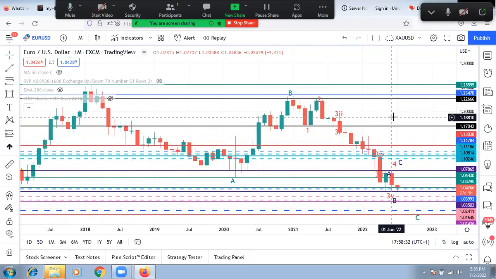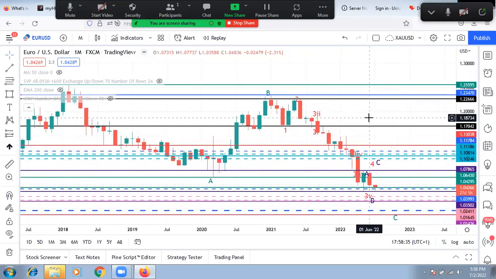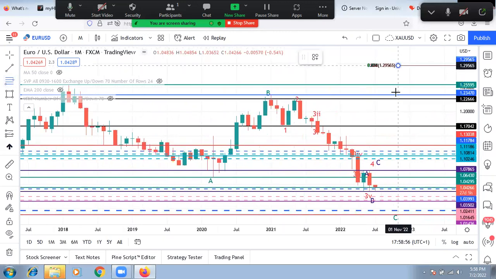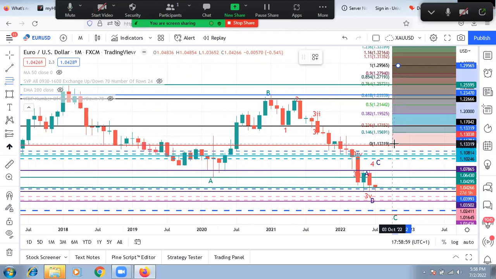Now, in terms of fourth wave correction, what do we expect? If you look at the Fib ratio, if we are looking at this from here, it can actually be 14.6, it can be 23.6, it can be 38.2, but not more than 50.